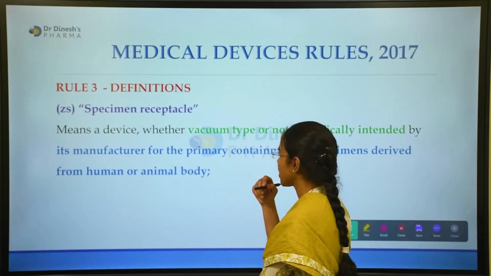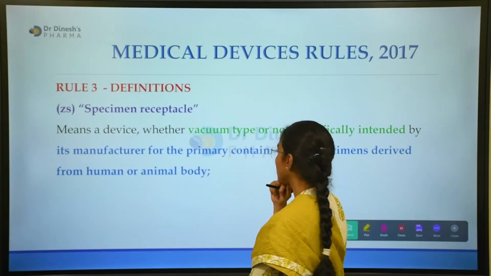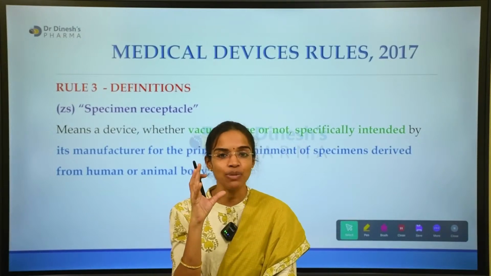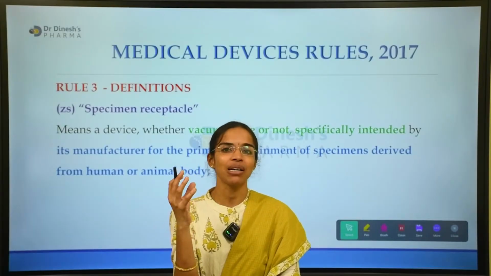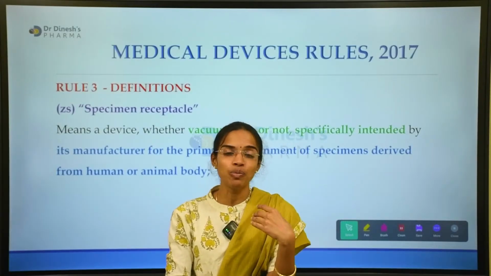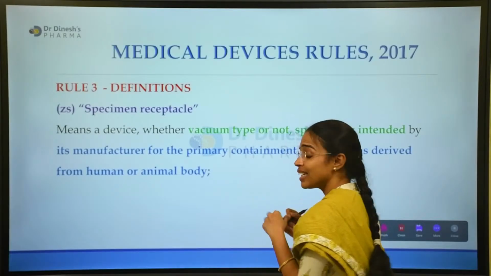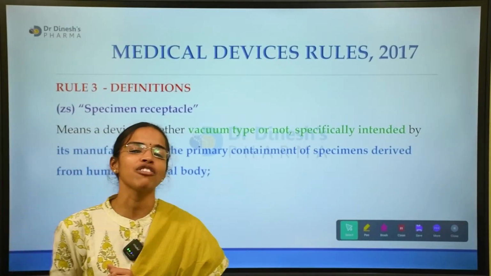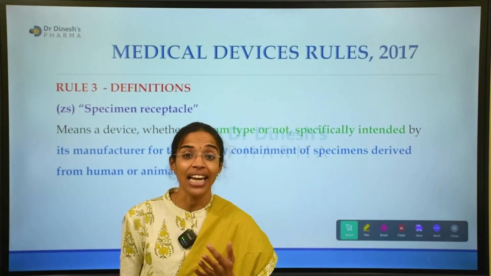And the specimen receptacle. What is a specimen receptacle? It is a device, vacuum type or not, intended by the manufacturer for the primary containment of specimens derived from the human or animal body. It is something like collection tubes, wherever we are collecting specimens.